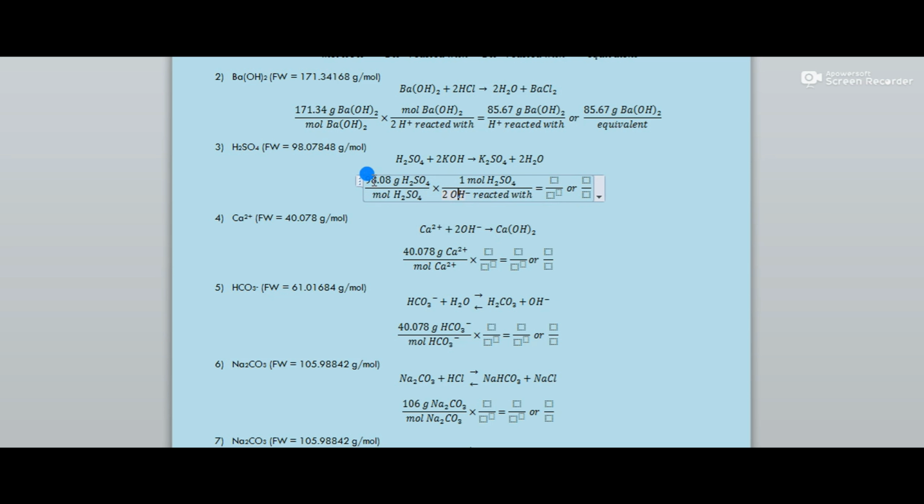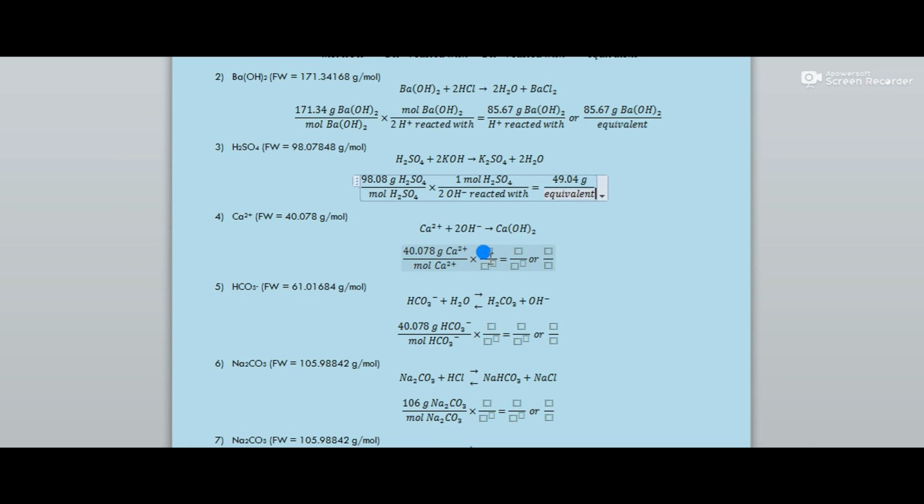So the formula weight divided by the number of hydroxide it reacted with is going to be our equivalent weight. Since you already know the pattern, 98.08 divided by 2, so the equivalent weight for sulfuric acid is 49.04 grams per equivalent.